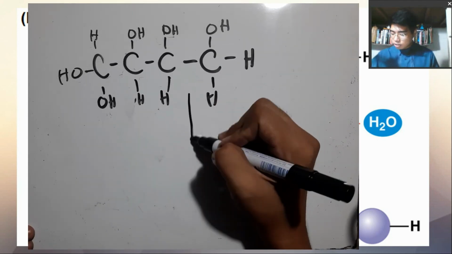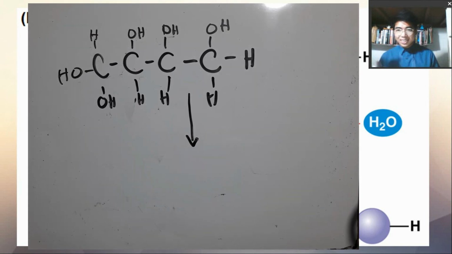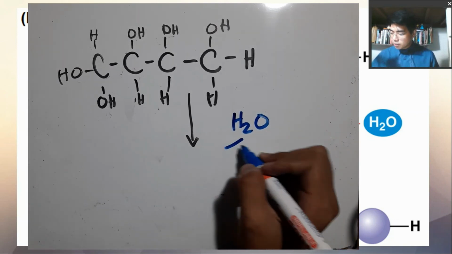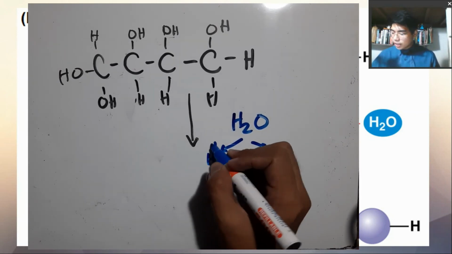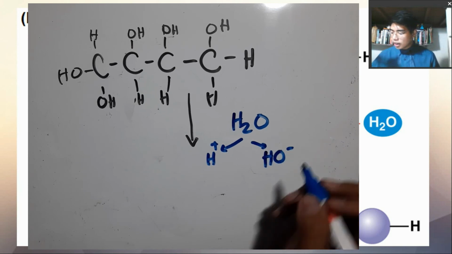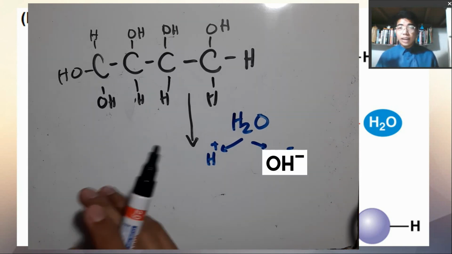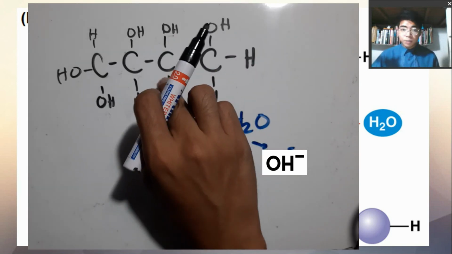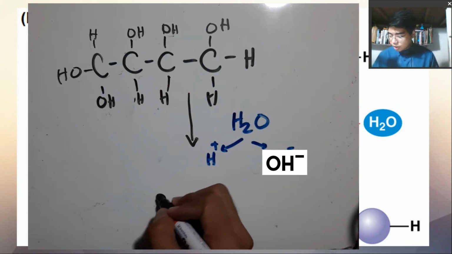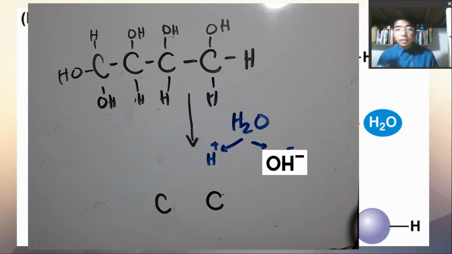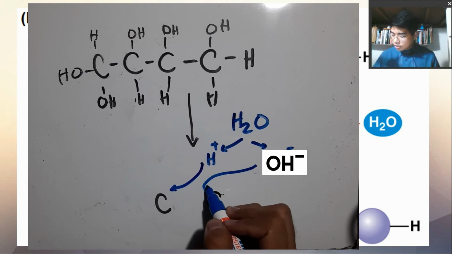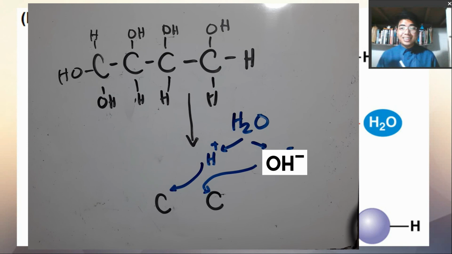Then, if water will actually be included here, once again, just like what happened earlier, we have H2O, which will simply be split into hydrogen ions and hydroxide ions. They will actually enter the equation and they will remove the bond that is present on carbon number 3 and carbon number 4. When the bond is already not included in their structure, the hydrogen ion and the hydroxide ion will now penetrate their structure.